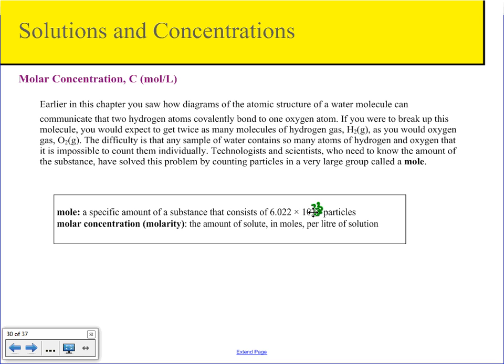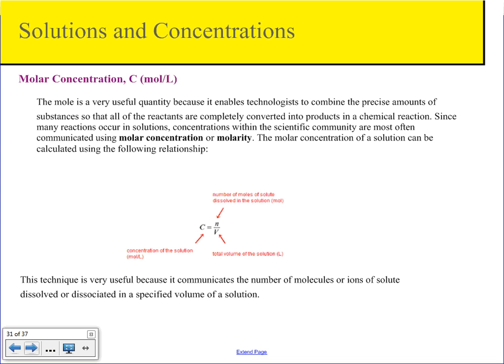Molar concentration, or molarity, is the amount of solute in moles per liter of solution. A mole is a very useful quantity because it enables technologists to combine precise amounts of substances so that all of the reactants are completely converted into products in a chemical reaction.